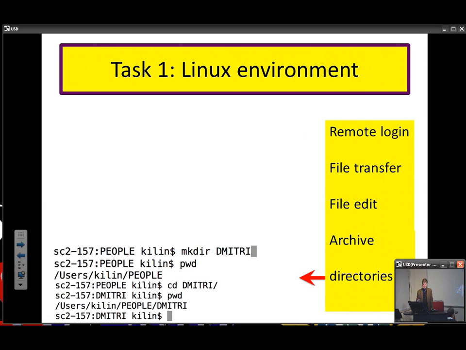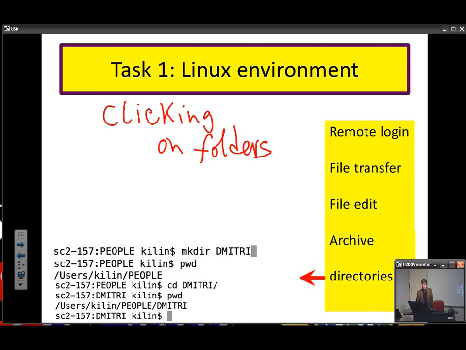You click on the folder, open it, and click on the next folder. Instead of clicking on the folders, there are specific typed commands that you type to the computer.